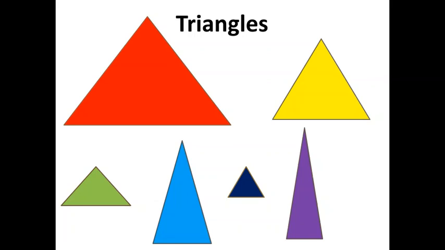It is called a triangle. Even if the sizes are different, it can be small, big, bigger, the plane shape will remain the same because it has 3 sides and 3 corners. So, any object with 3 sides and 3 corners is called a triangle. It is a plane shape or 2D shape.